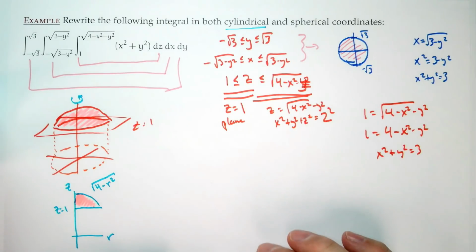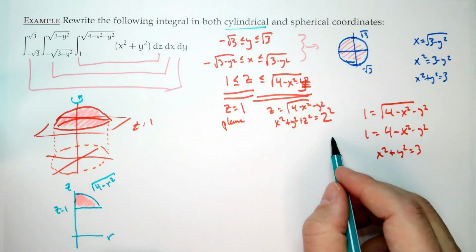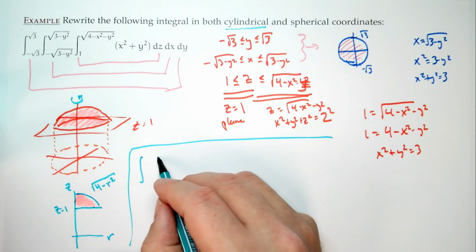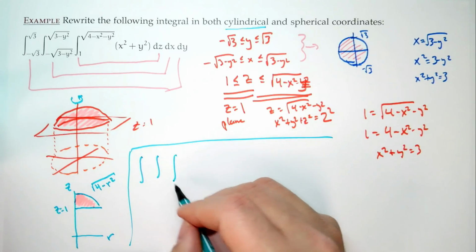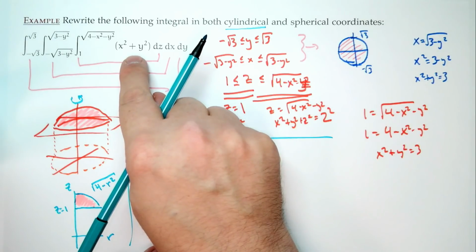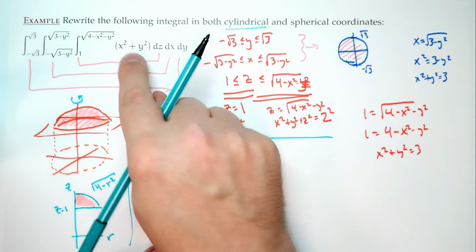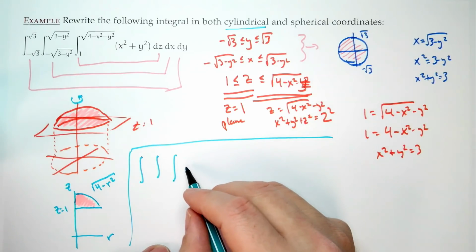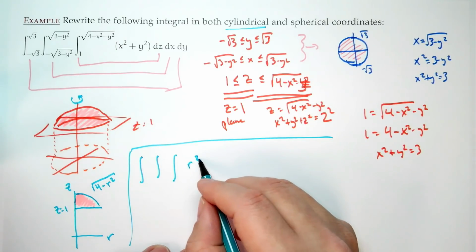So what do we get? We have to update things. Here we go: the integral, integral, integral, and we have to update our function. In cylindrical coordinates, which is the same as polar, x squared plus y squared becomes r squared.